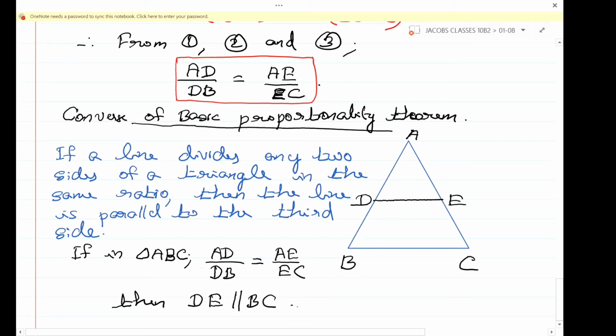So this is the converse of basic proportionality theorem.